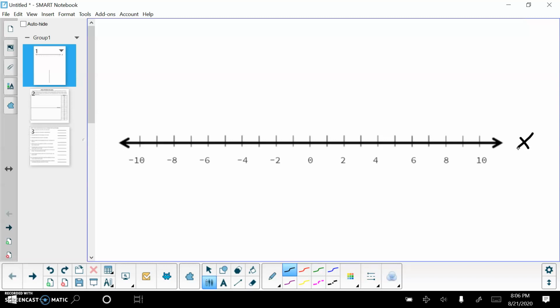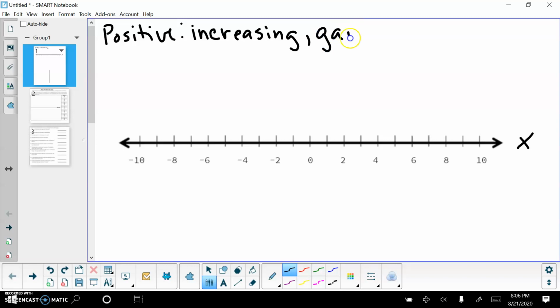And so if you're looking at whether it's a positive or a negative, positive words indicate that something is increasing. Or it could indicate that something has a gain, it's gaining, or going up.